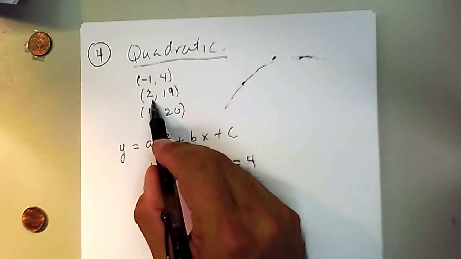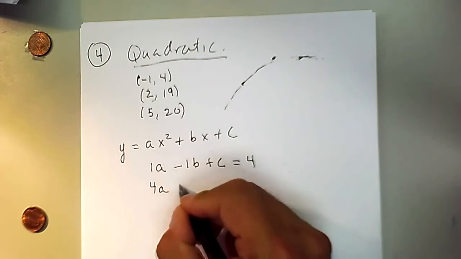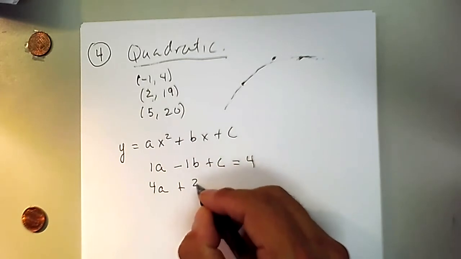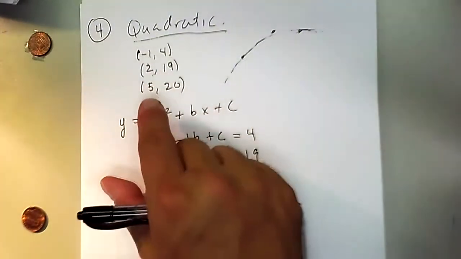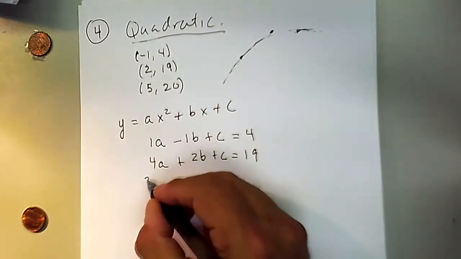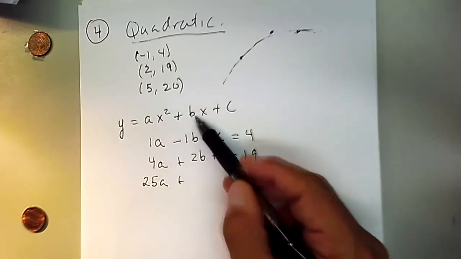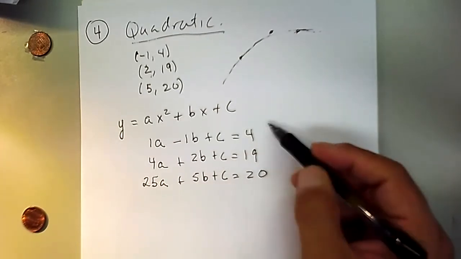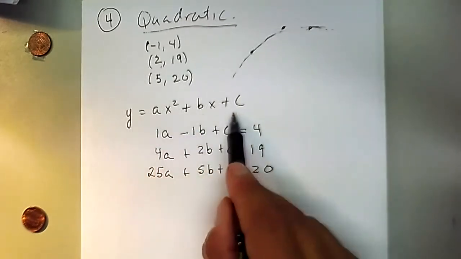If we enter 2 for x, we end up with 4a plus 2b plus c equals 19. If we enter 5 for x, we have 25a plus 5b plus c equals 20. So we have a system of equations in 3 unknowns, a, b, c, that correspond to this quadratic function.